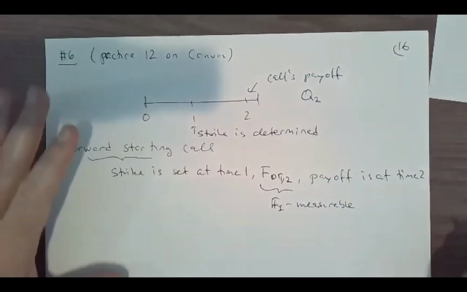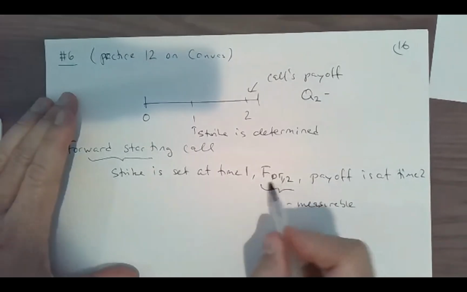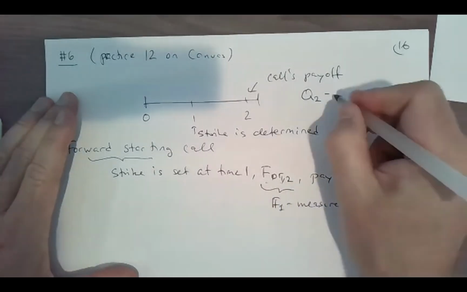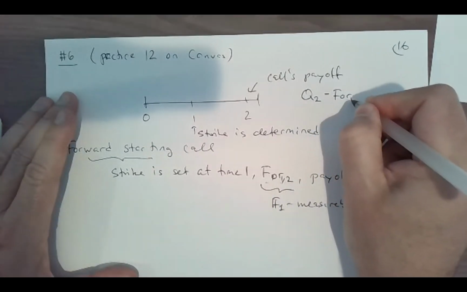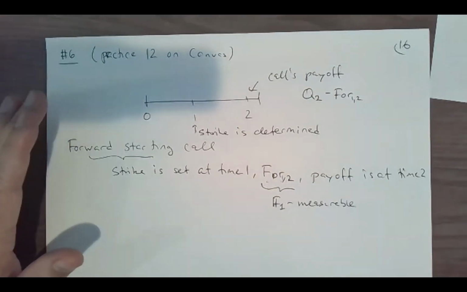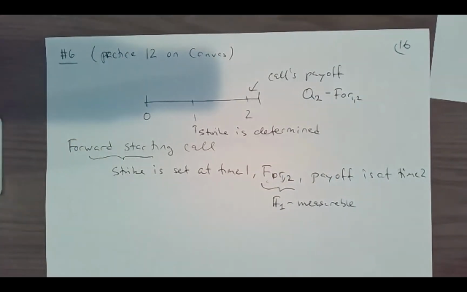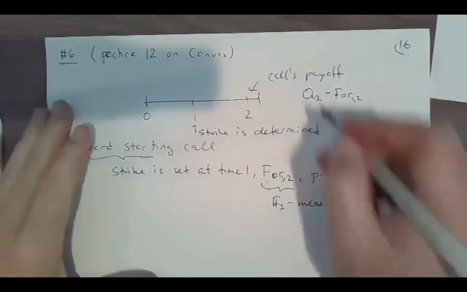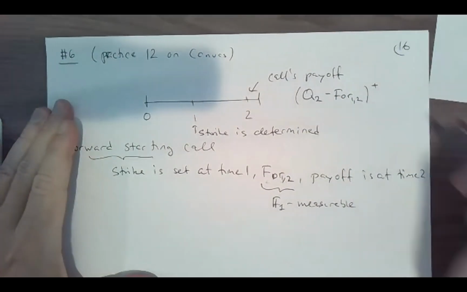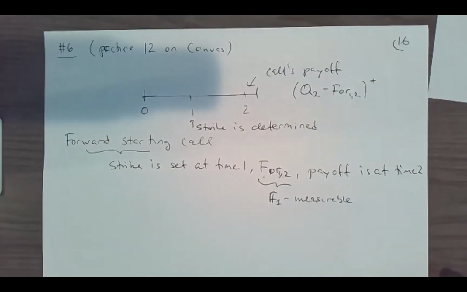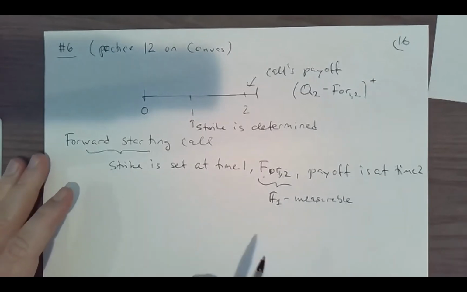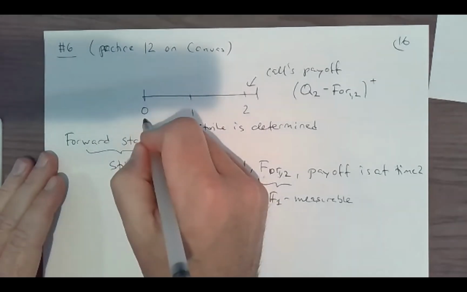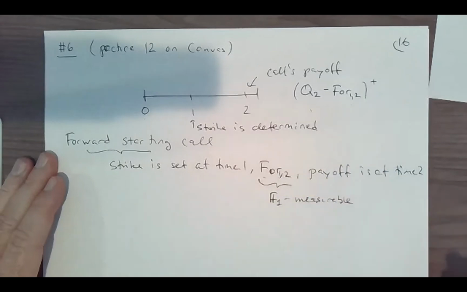It's a call, so it's Q2 minus the strike, and the strike is this quantity we have down here, the forward exchange rate. And since it's a call, we need to take the positive part. What we're interested in is the initial price of this payoff.